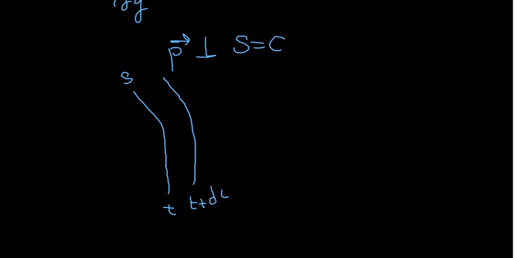The action is not changing. And for those level curves here, we'll have those vectors, the momentum vectors. They'll be orthogonal all along, all the time, to those surfaces of constant action. That's really huge, and you're going to see why in a moment.